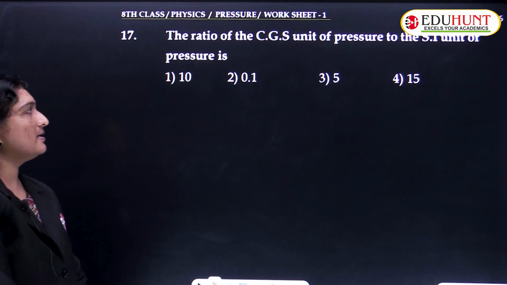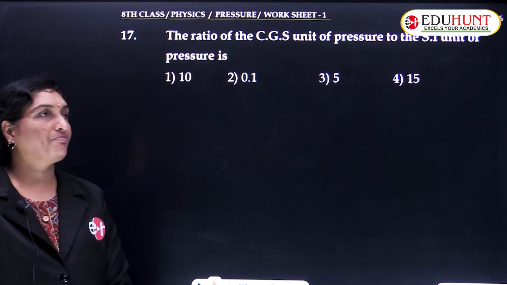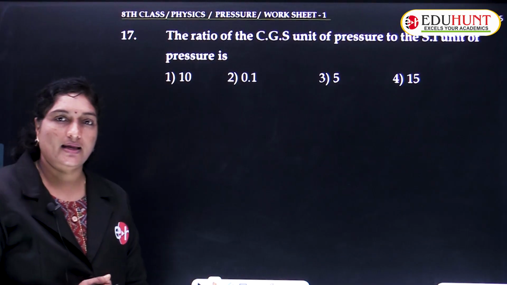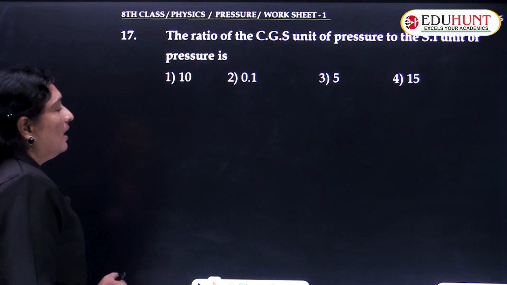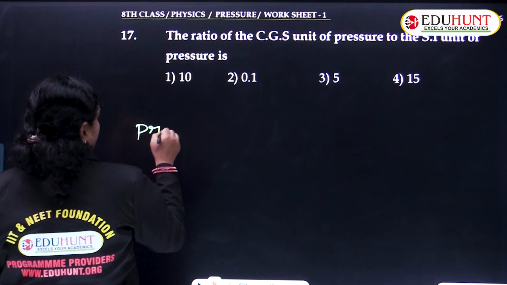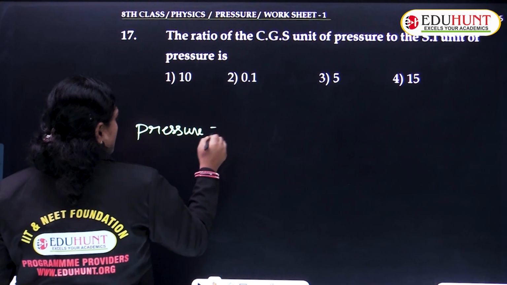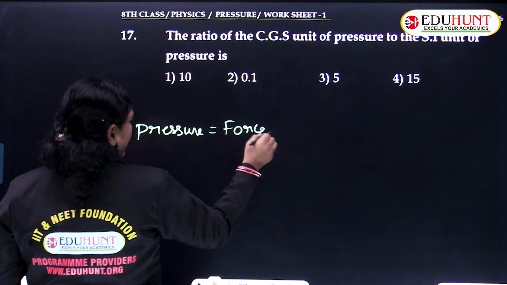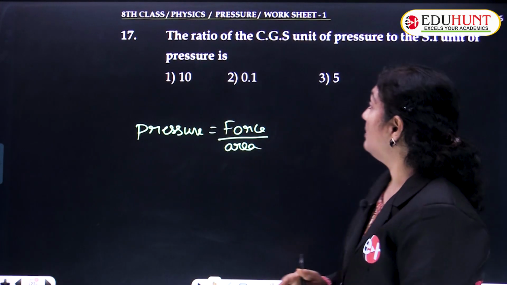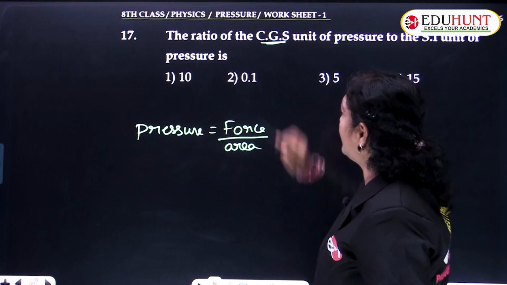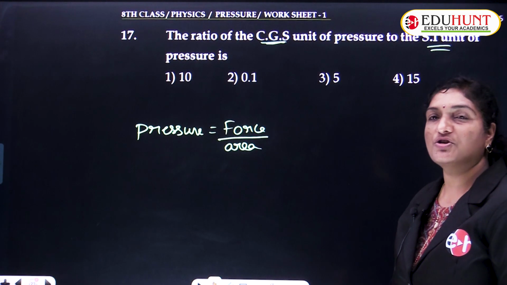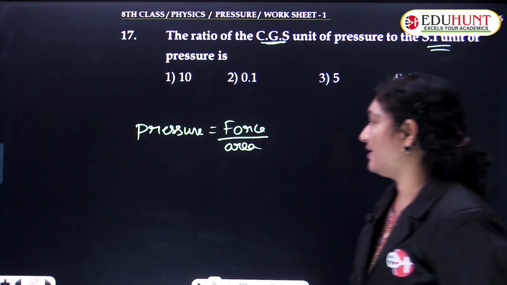17th question, children. The ratio of the CGS unit of pressure to that of the SI unit of pressure is. Okay children. So generally we know that pressure is defined as force upon area, normal force upon area. You have to find the CGS unit of pressure and the SI unit of pressure, and then take the ratio.